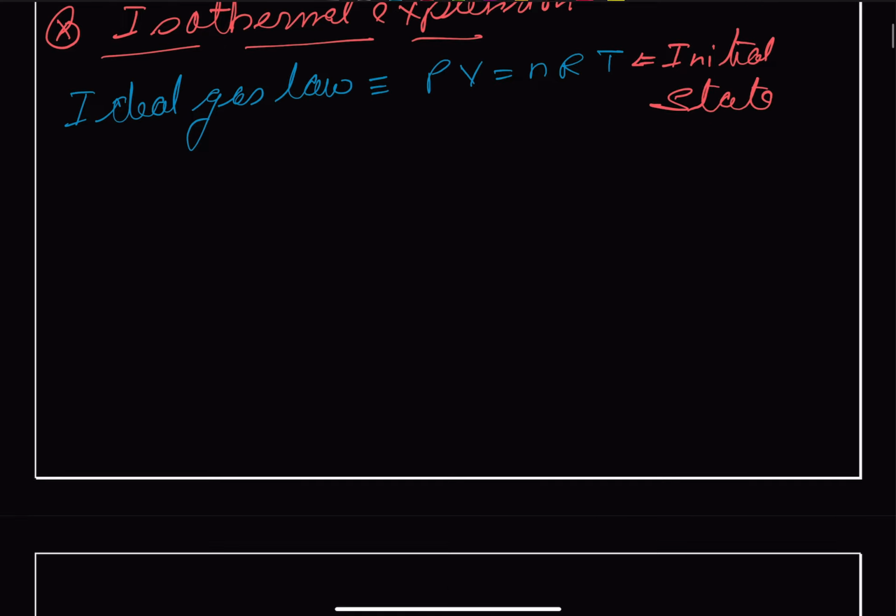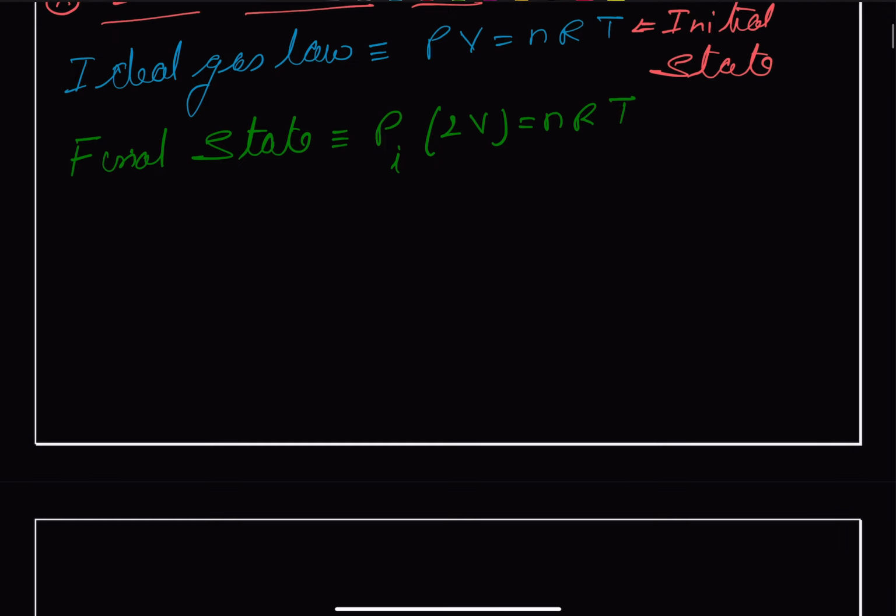We can modify this ideal gas law as per the final state. In the final state, the pressure is Pi, volume becomes 2V, and we have our nR, and since it is isothermal, the temperature will be the same.